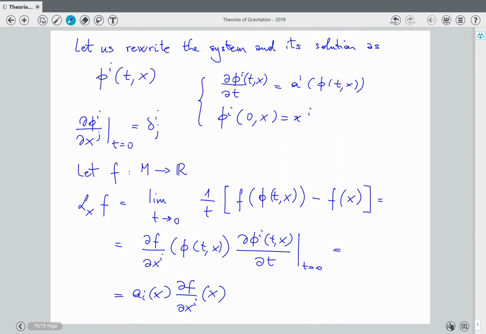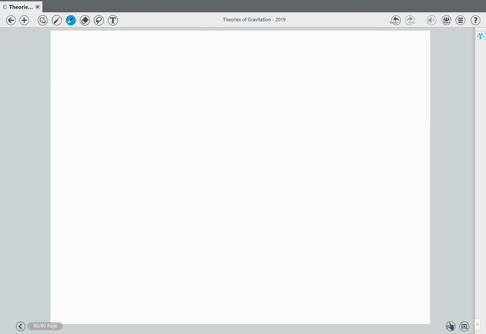This is completely general, and you can do it for everything, for forms, for vectors, and it will always give what we defined previously as the Lie derivative. So maybe before stopping, we can do it for vector fields.